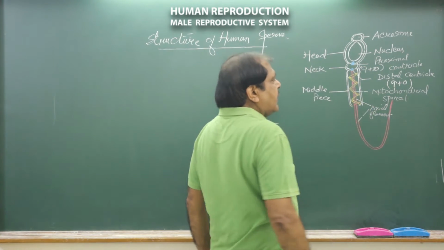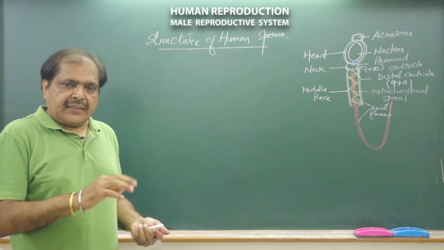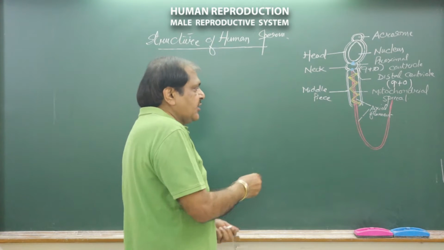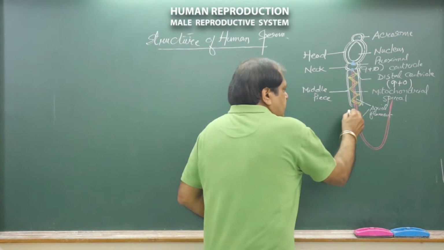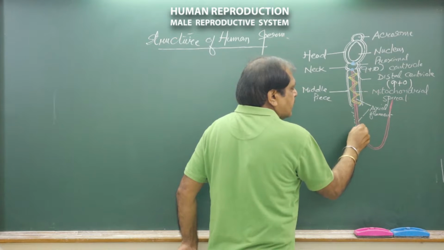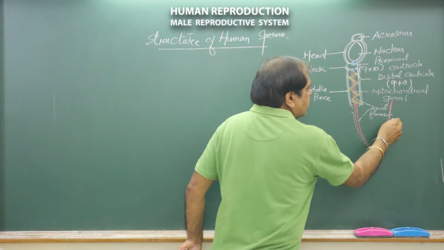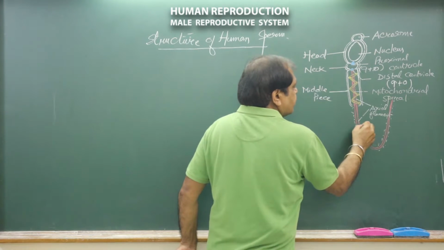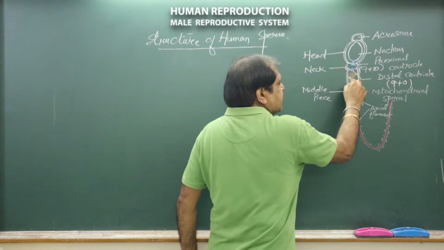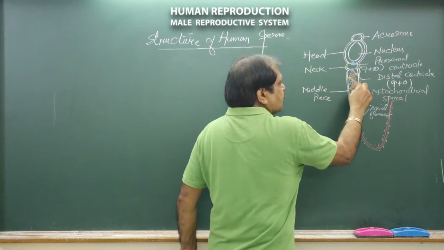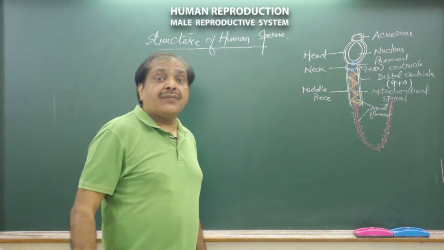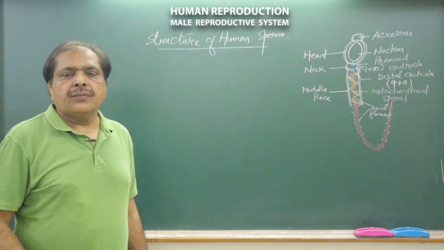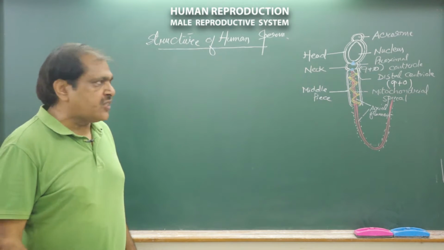And around the axial filament, there is present a thin sheath of cytoplasm. The cytoplasm is present in the middle piece also, because maximum of the cytoplasm has been lost when the spermatid was transformed into a sperm.